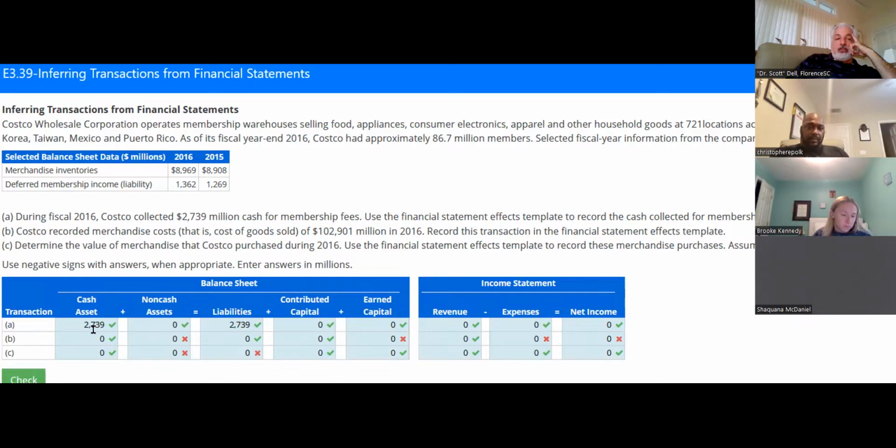Did we write a check for this? No, negative non-cash assets. What negative non-cash asset would that be? Your cost of goods would be your inventory, wouldn't it? Okay, the non-cash asset, I've got inventory. I like that. So how much do we put there? 102,901.